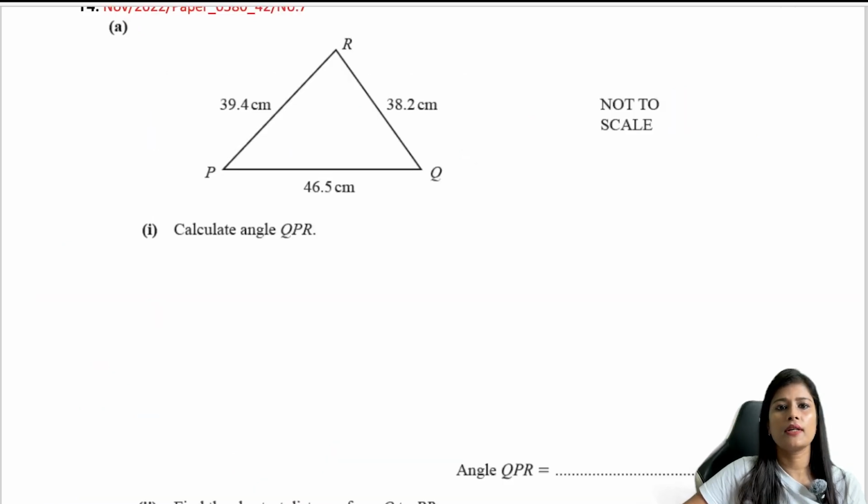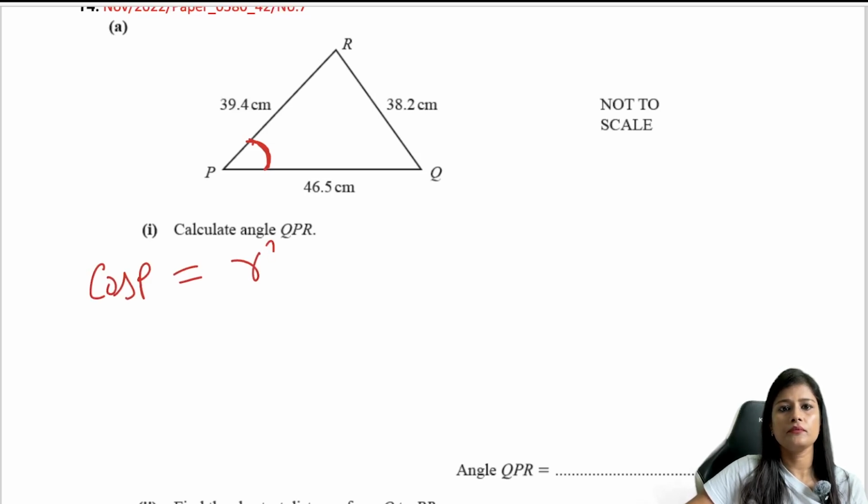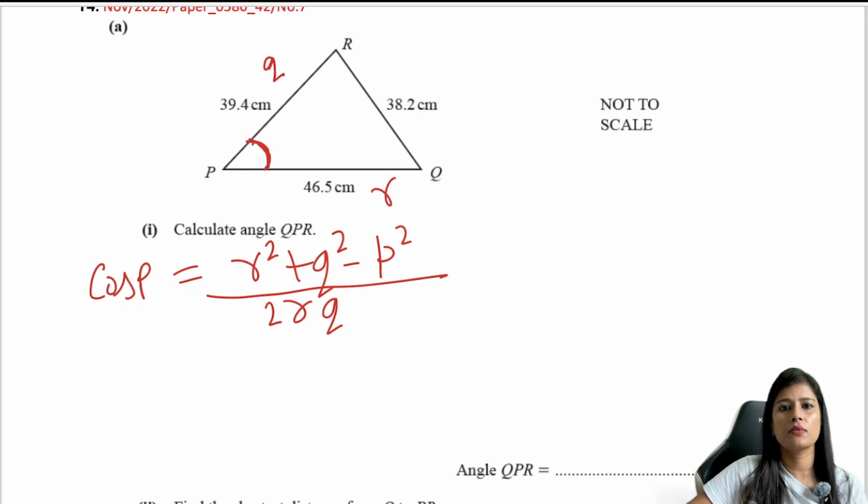Now this question: calculate the angle QPR. QPR, this angle we need to calculate. So I have all three sides, so I can use basically cos formula. So cos P will be r square plus q square minus p square divided by 2rq. Here this is q, this is small r, and this one is small p.